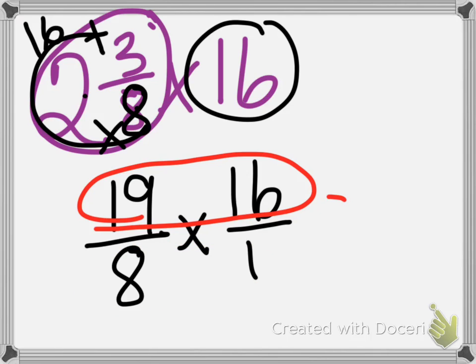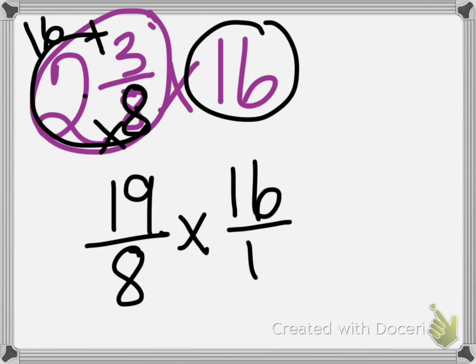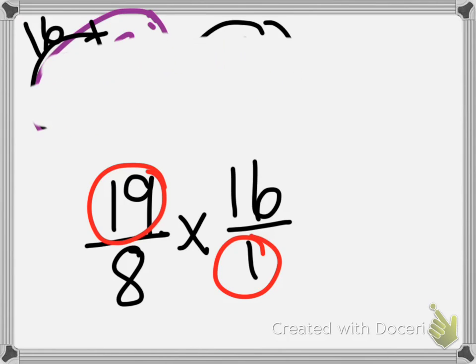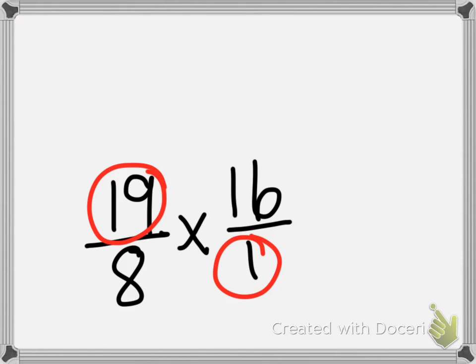But we talked in class about how to cross simplify. So what I'm going to do is look at 19 over 1, and I'm going to rewrite the problem up here so you can see the same problem, because some of you might want to visually see 19 over 1.